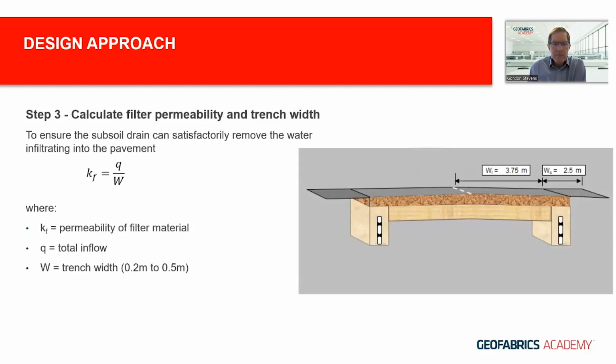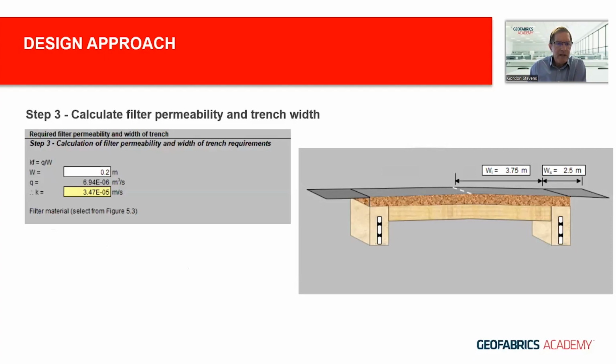So same example and simple calculation here. We've assumed a 0.2 meter width for our trench. We've got our inflow, and we need to have a filter material having a permeability of at least 3.47 times 10 to the minus 5 meters a second. So pretty straightforward.